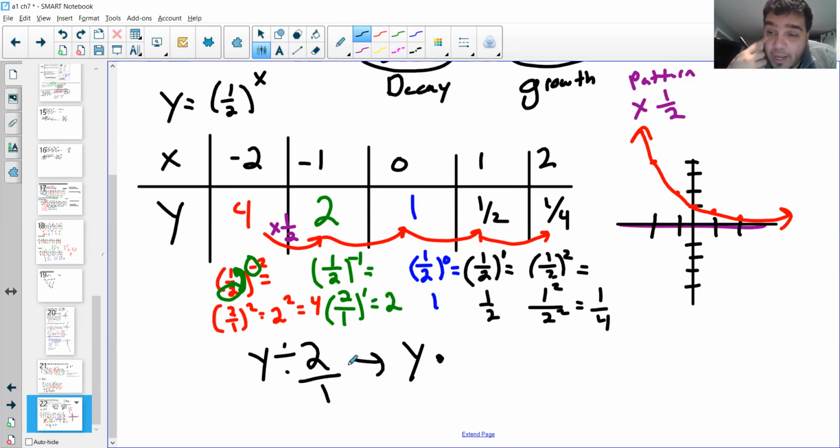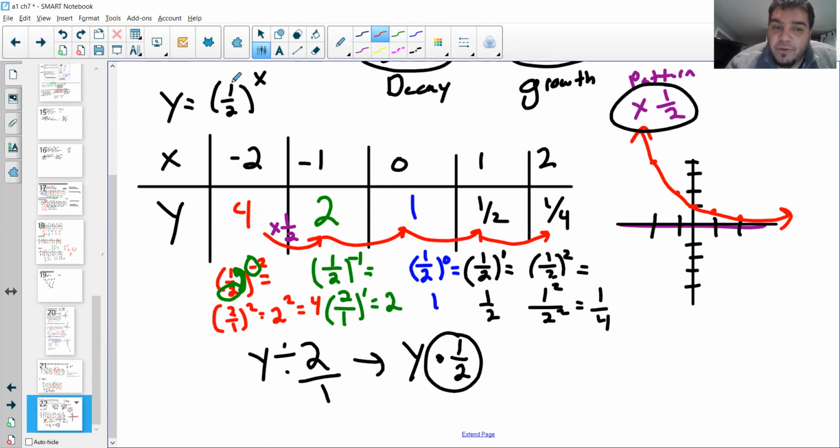Now, you guys were able to see it's divided by 2, which is the same as 2 over 1. So I would flip the fraction to 1 over 2. So here, I can see the pattern is y times 1/2. So that's why the pattern is y times 1/2. Now, you also know that because it's literally the value of b in the question.